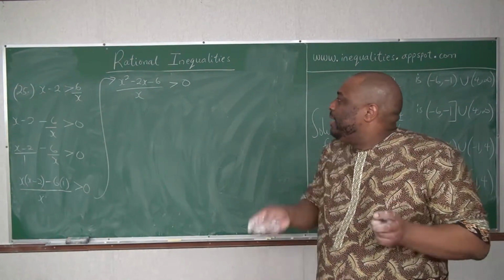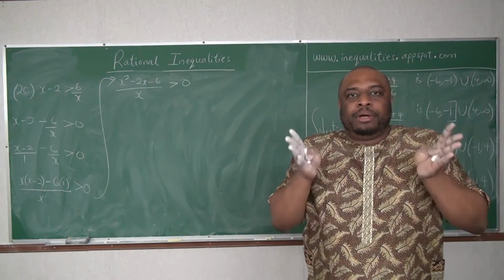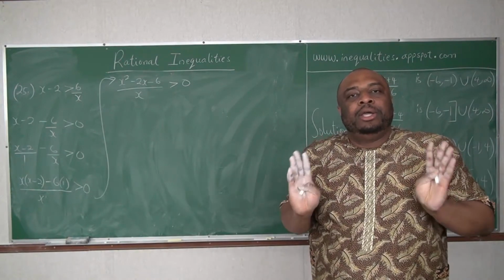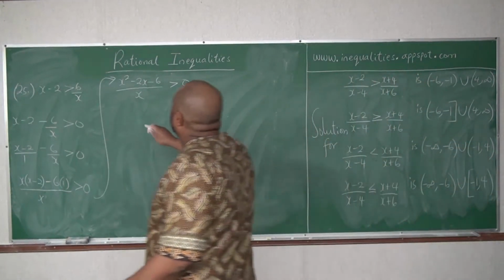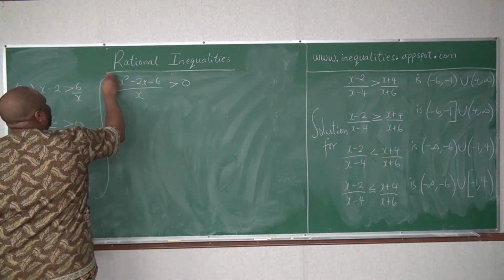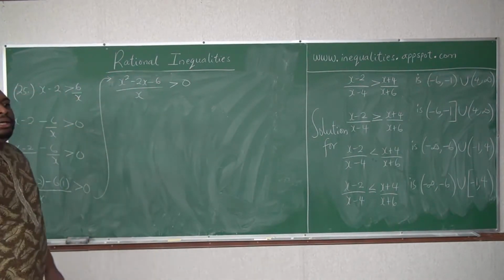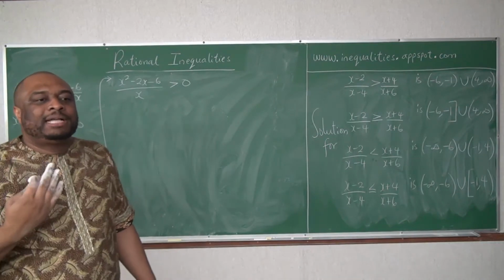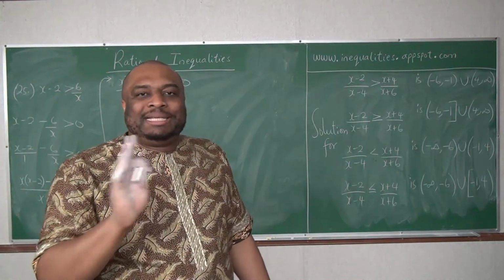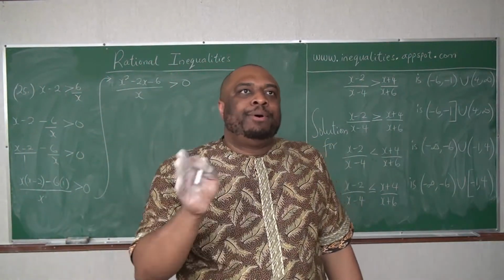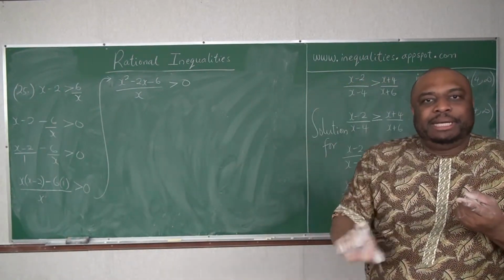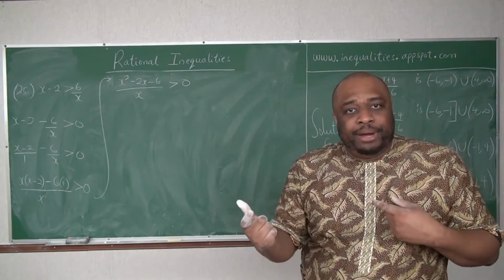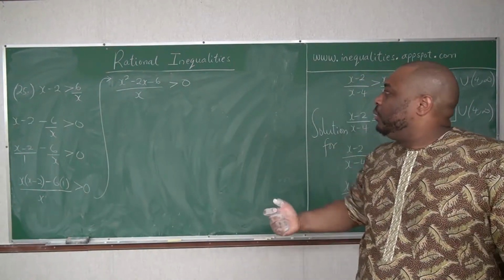Second step, we have only one term on the left hand side, which is good. However, look at this. Let's see if we can factor, because we need to get the test points, and the test points we get from both the denominator and the numerator.